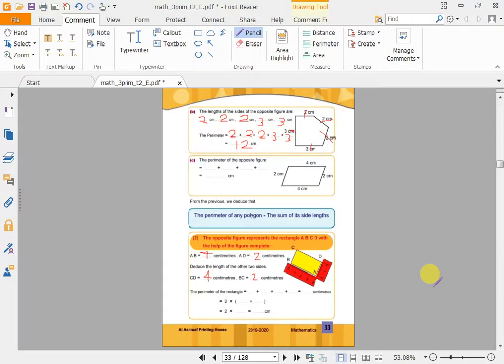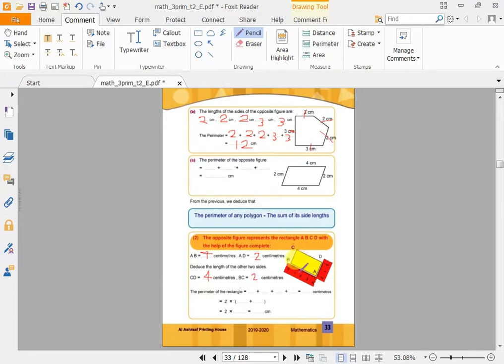How can we know that without measuring? We use the properties of any rectangle. We call these its dimensions: this is the length, this is the width.